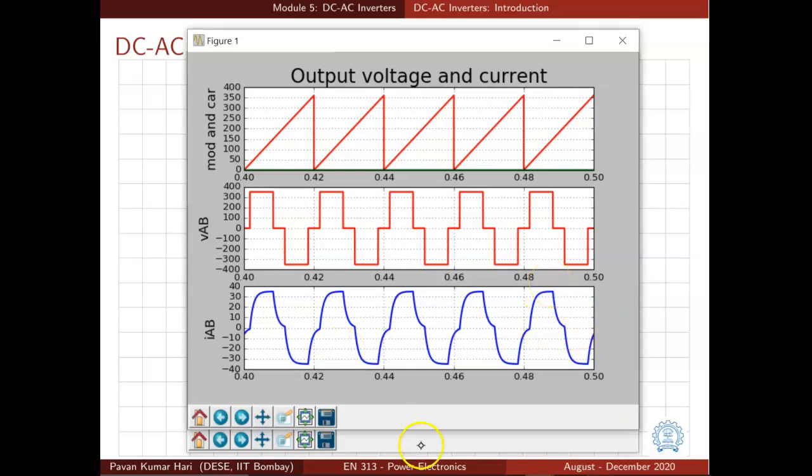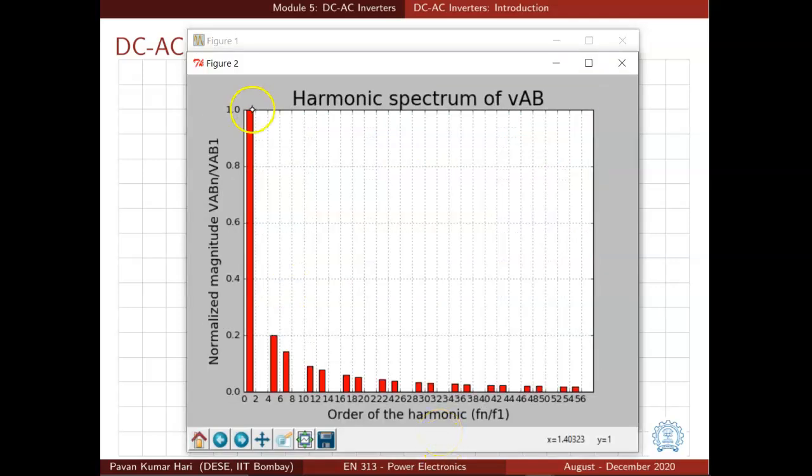Now let us look at the harmonic spectrum of VAB. So VAB has a fundamental component, that is this, and then VAB does not have third harmonic, and it does not have ninth harmonic, and it does not have 15th harmonic, and so on.